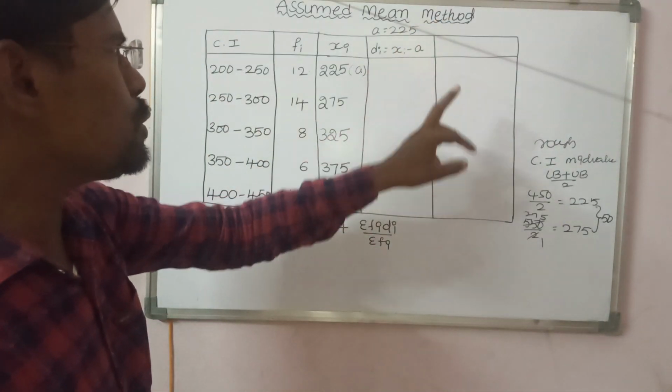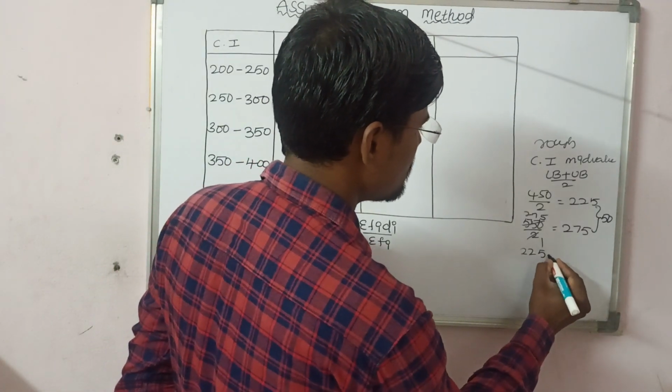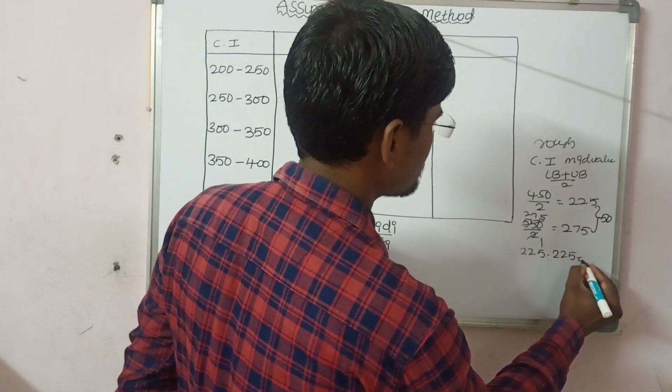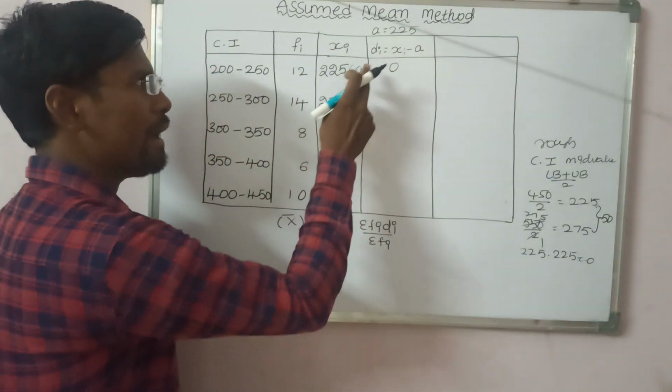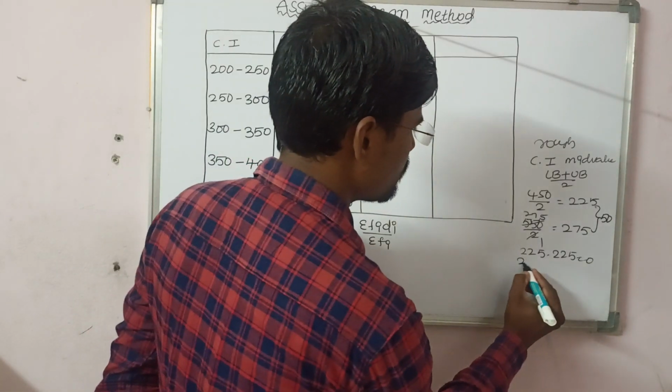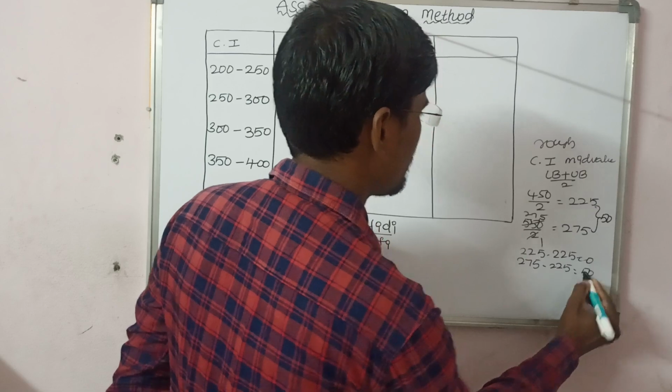Then di is equal to xi minus a. 225 minus 225 gives the first value as 0. The second value is 275 minus 225, which is 50.